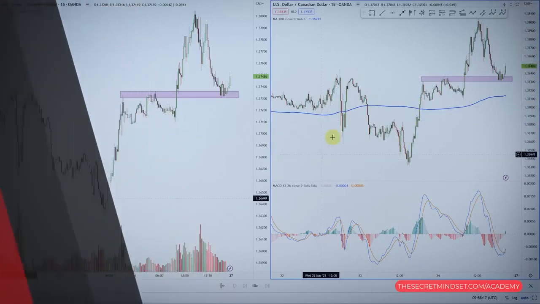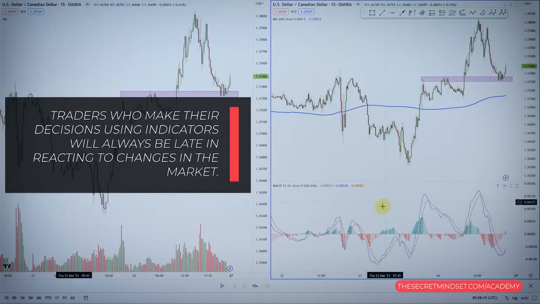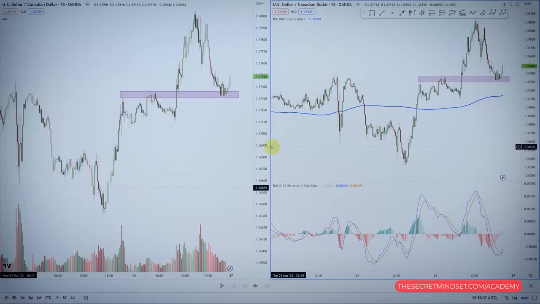The reality is that traders who make their decisions using only indicators will always be late in reacting to changes in a market. But indicators are still useful because they provide reference points on plain charts. They take out the guesswork by providing information that is objective.